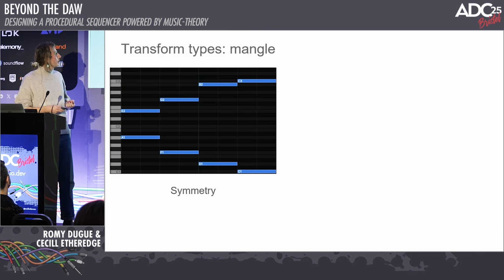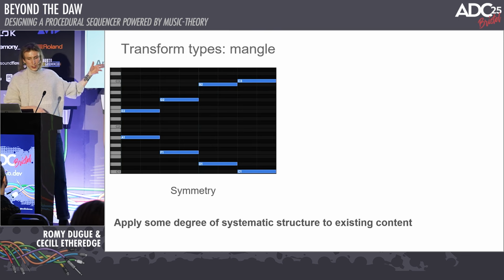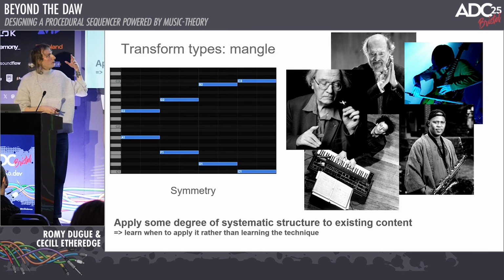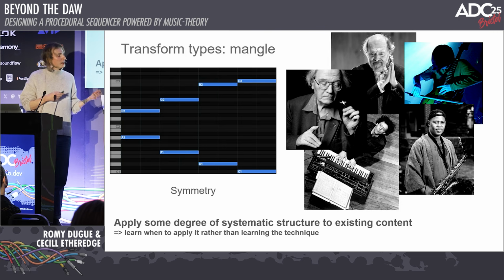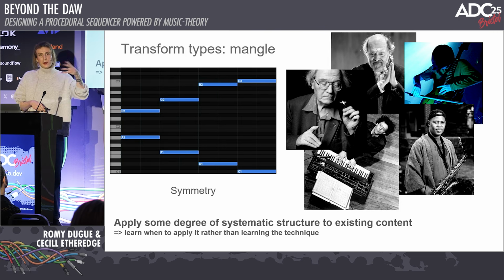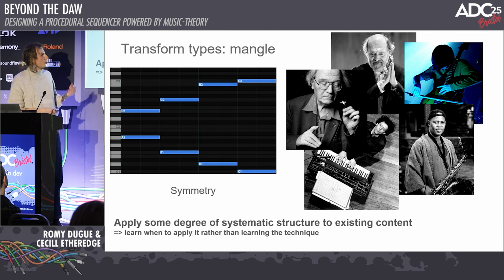It's applying some degree of systematicness to something existing, and it's really powerful because in classical composition, jazz or rock, a lot of people have invented those techniques, and they are really easy to implement in a computer, not to replicate what they did in their music, but to use their influence in other genres, such as pop, for example.